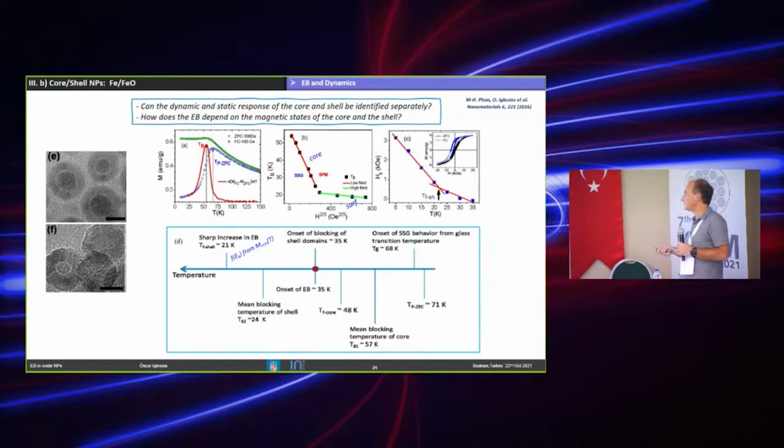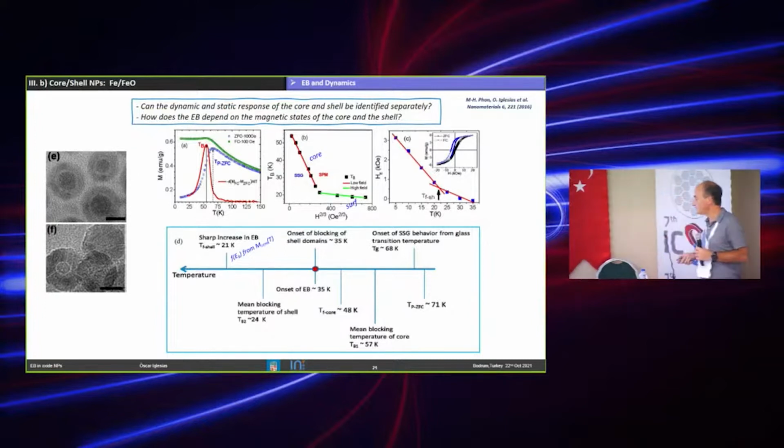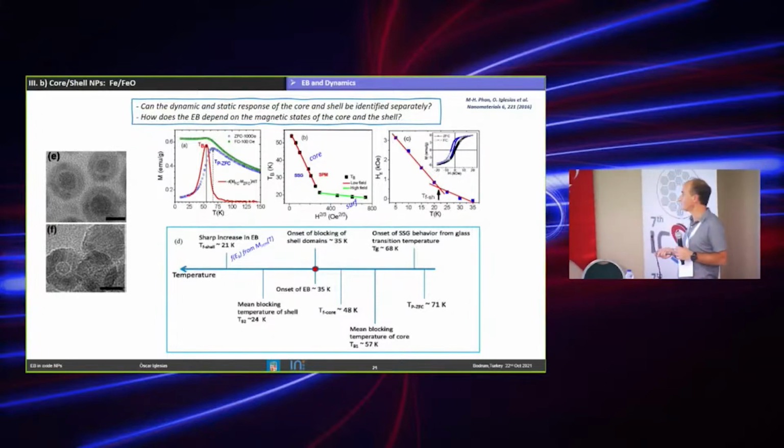These particles usually form from a ferromagnet and then by oxidizing the ferromagnet. So it's very difficult to have a single crystalline phase on top of a ferromagnet. So this matters, right? The existence of different crystallographic directions is very important, together with the surface effects and finite size effects associated to the individual particles.